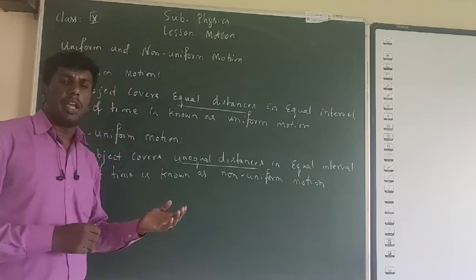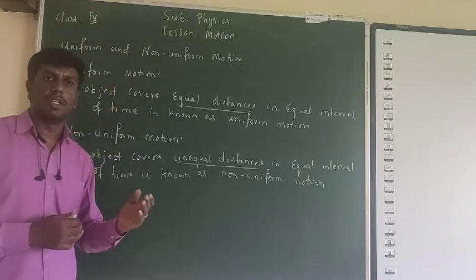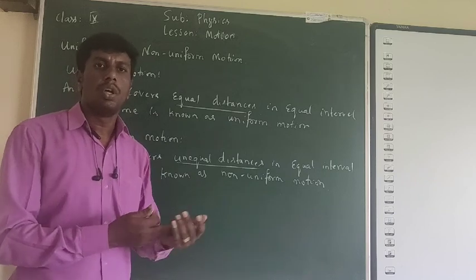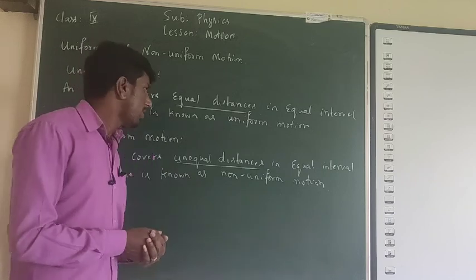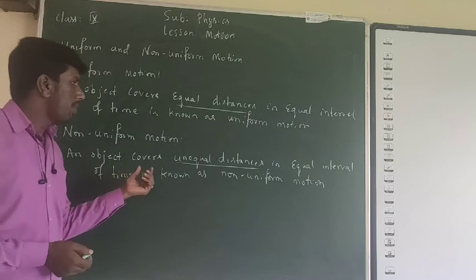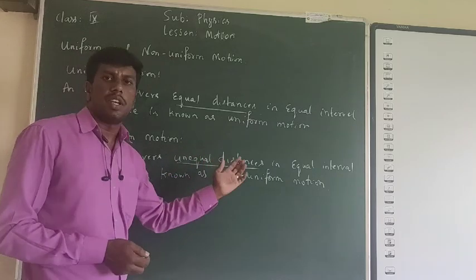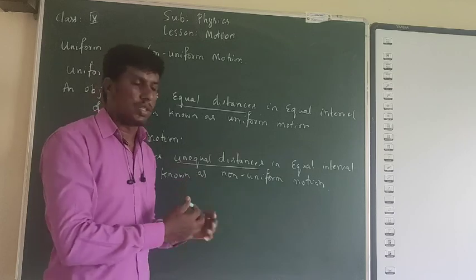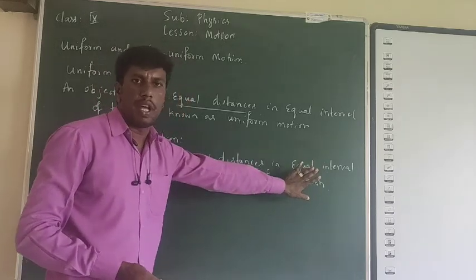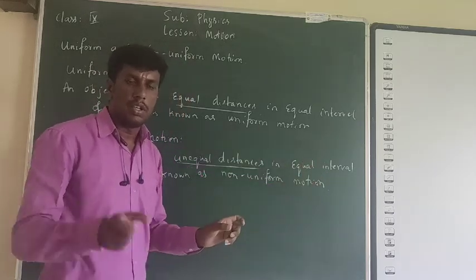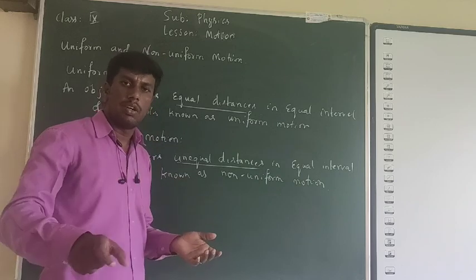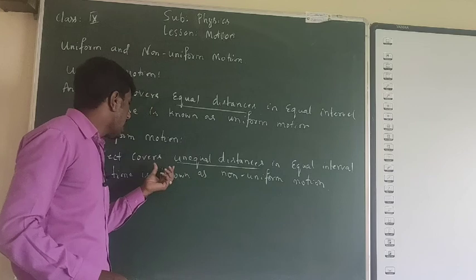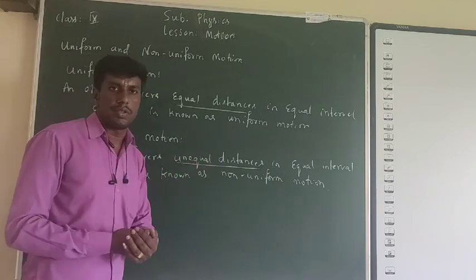Sometimes it will go faster and sometimes slower. So in the first second you may cover 5 meters, the next second 10 meters, then 15 meters. So the distances are unequal, but the time intervals are equal: first second, second, third, fourth, fifth.